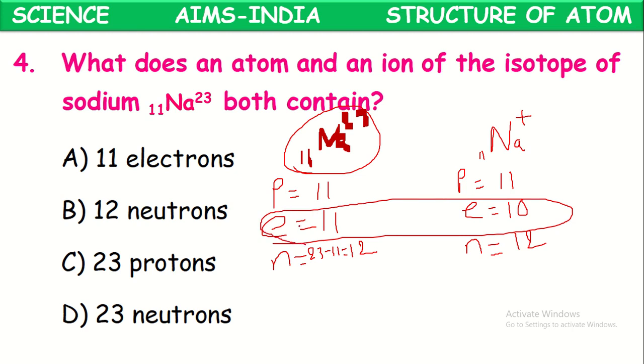Now, what is common for these two? Both have the same number of protons, that is 11 protons. Is it mentioned? No. Both have the same number of neutrons, that is 12 neutrons. Is it here? Yes. This is common for the sodium atom and the sodium ion.